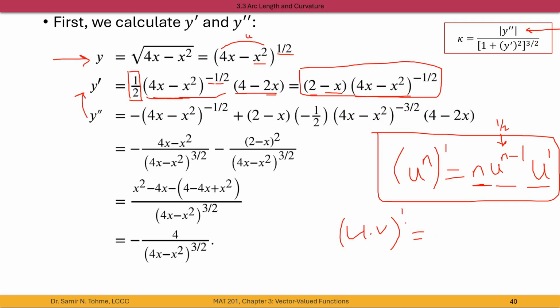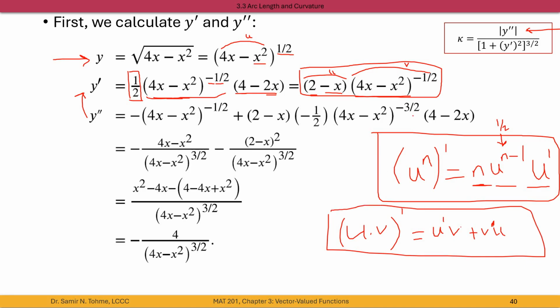the derivative of u dot v will give you u prime v plus v prime u. So this is u now, and this is all v. To do the derivative of these two factors, use this equation.